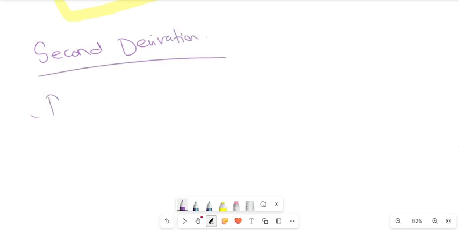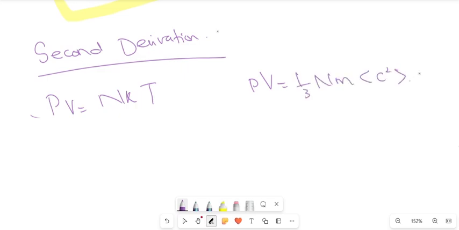Second derivation. Again, we will be using the same formulas, the ones that we have. PV equals NKT, right? We derived this formula earlier. And then we have another formula, PV equals 1/3 Nm C square. Now let's just replace both of them.